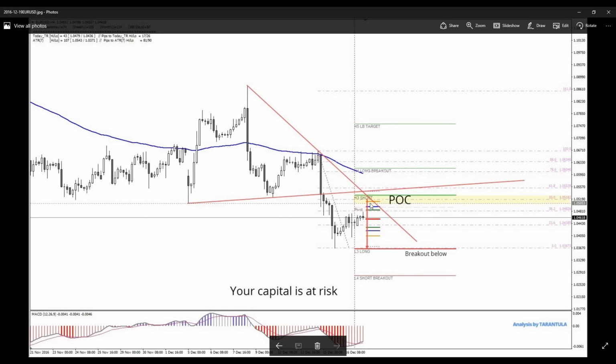So you need to use the same risk. It's absolute nonsense to use more than 2% of risk per position. I mean, my overall risk is very often 2%.